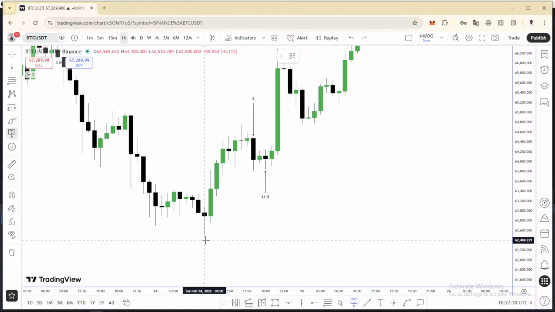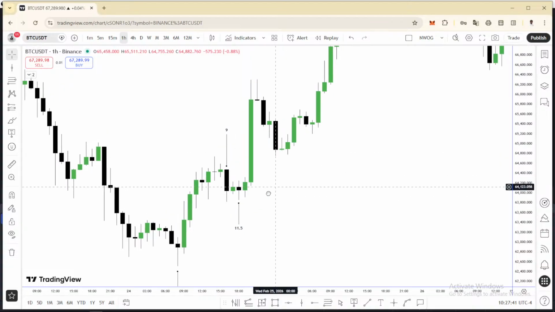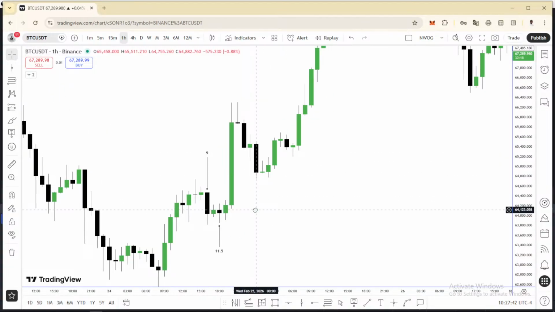Okay, so we start from this point right here as our one, and we found 9 here. We multiplied by 1.28, it gave us 11.5, which is our entry point. And at this point now, we want to take 11.5, convert it to 12, and then multiply by 1.28, and it gives us 15.